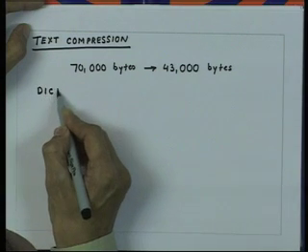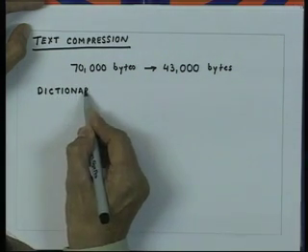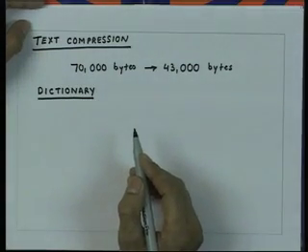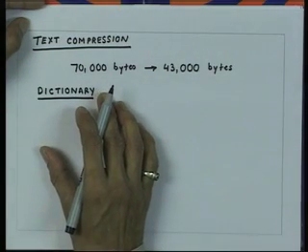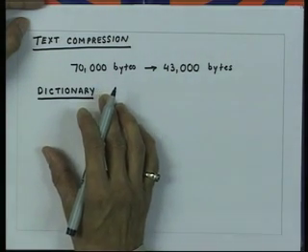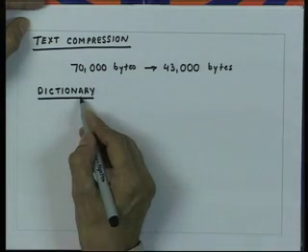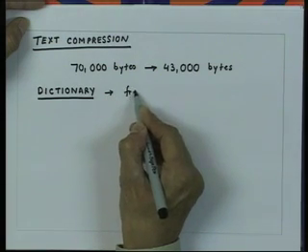So, we will use the dictionary concept for the encoding of the text material. A very reasonable approach to encode such a source is to keep a list or dictionary of frequently occurring patterns.